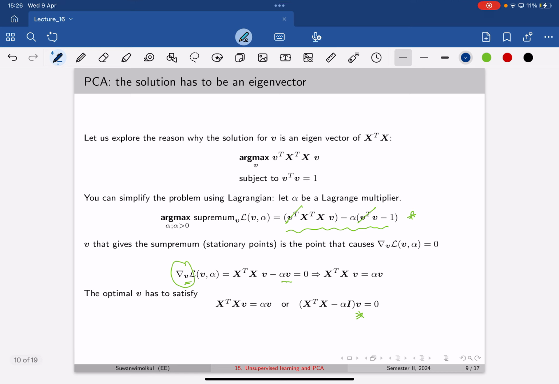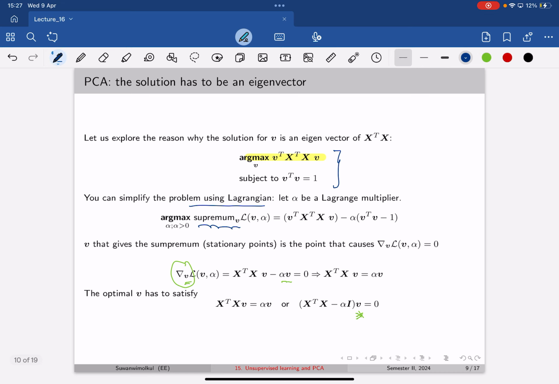Okay, so as I mentioned before, we start off with this optimization problem. Then we recast it as the Lagrangian. If you remember, last time when we learned support vector machines, we also had the Lagrangian. But that time we computed the argmax of the infimum, but this time it will be the supremum because we are solving the argmax problem.